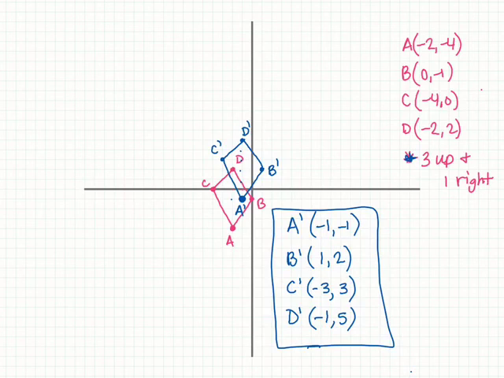Okay, now there is one more thing that I want to cover, and that is, let's say I have a triangle right up here. Okay, and let's say ABC. And then let's say I have the translated triangle right here.